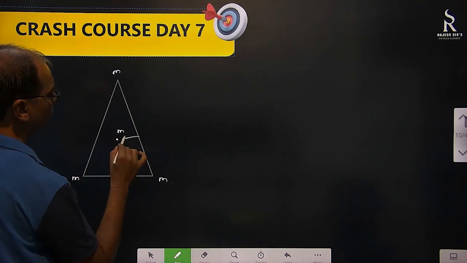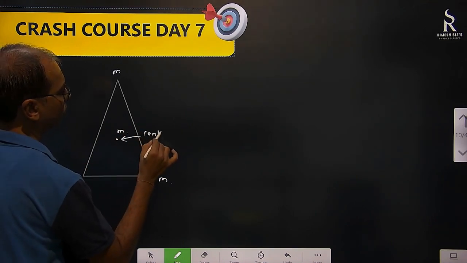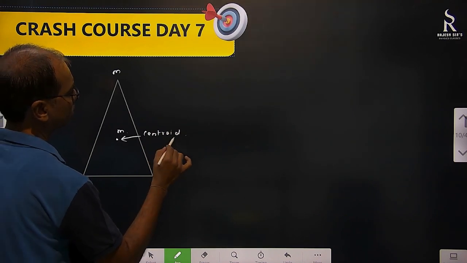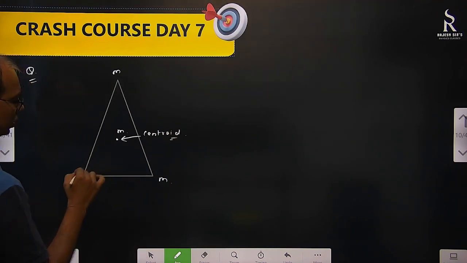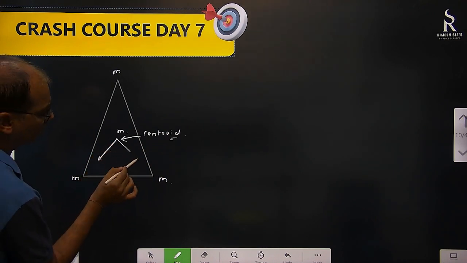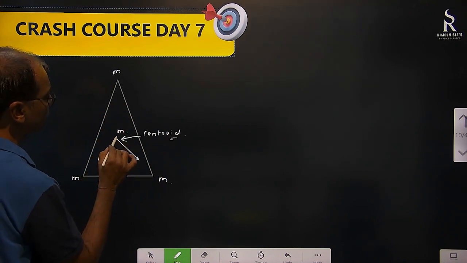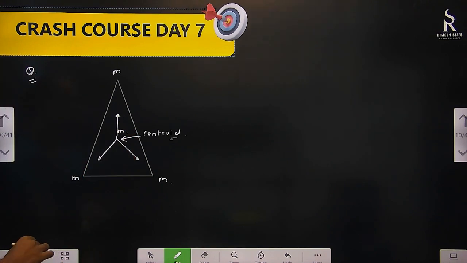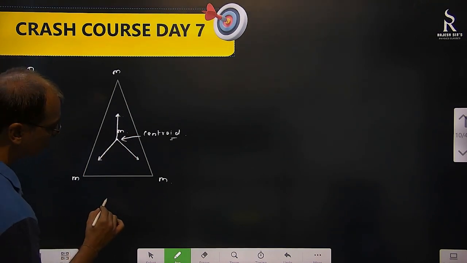Okay, this is the centroid. Then what is the net force on this? This M is applying the force like this, this M is applying the force like this, this M is applying the force like this. What will be the net force? Net force will be 0. Okay, net force is 0.